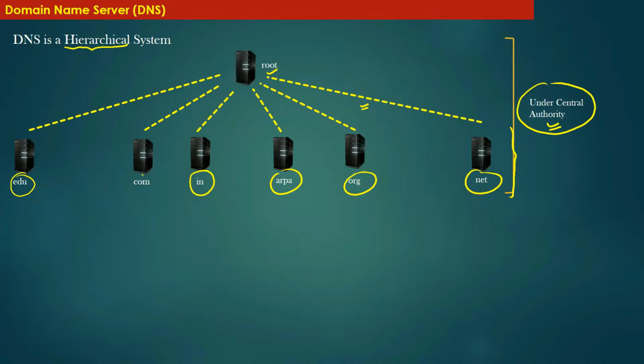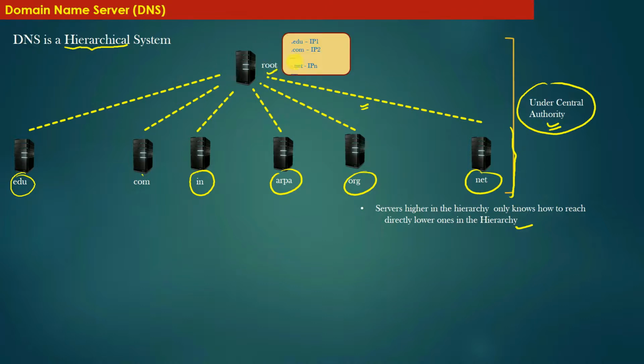Right? Now, going to the second property of this DNS hierarchical system: the DNS servers which are higher in the hierarchy only know how to reach the directly lower ones in the hierarchy. So you can see that in this DNS hierarchy, the root DNS server has a database called the DNS database.